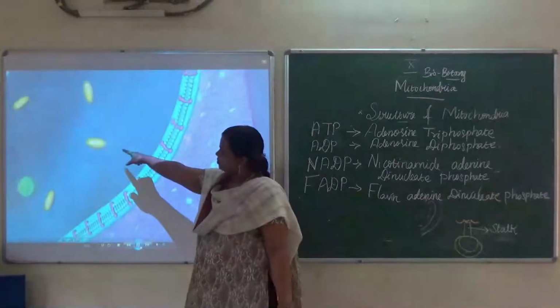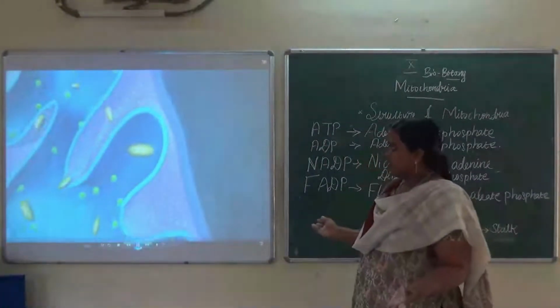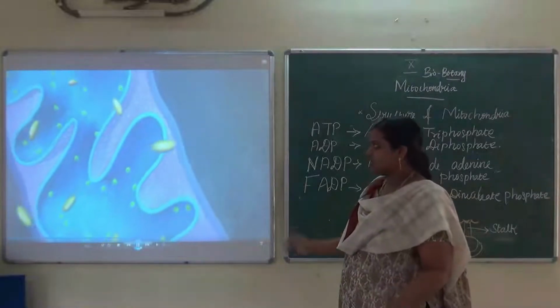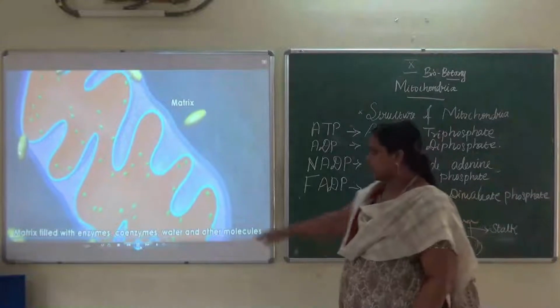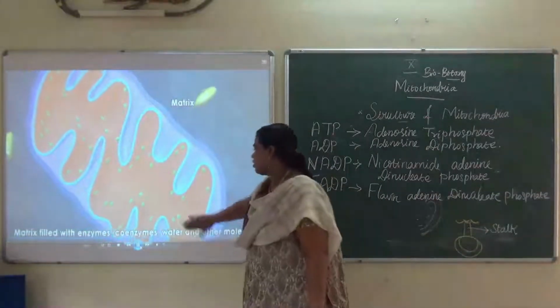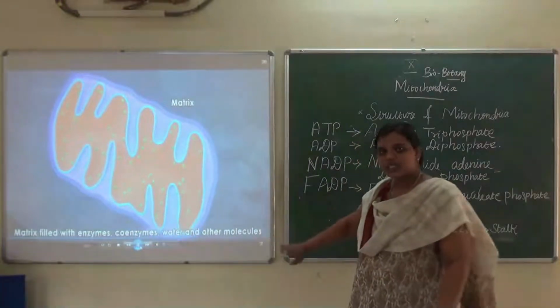ATP gives the cell energy. The matrix is filled with enzymes, water and other molecules such as DNA and tRNA.